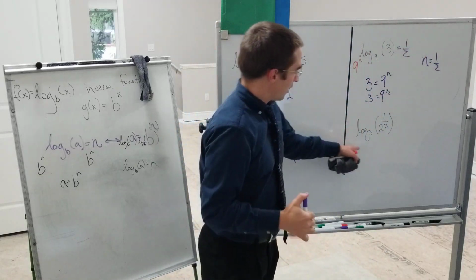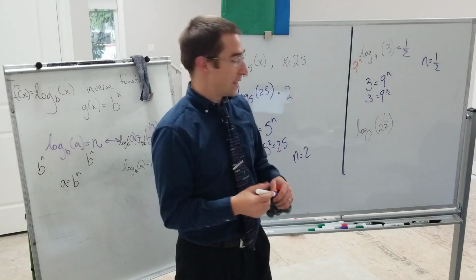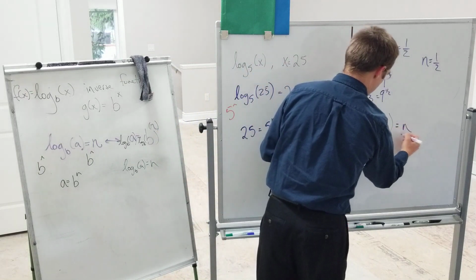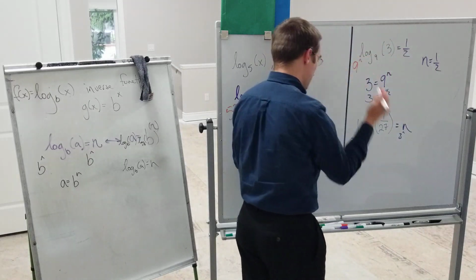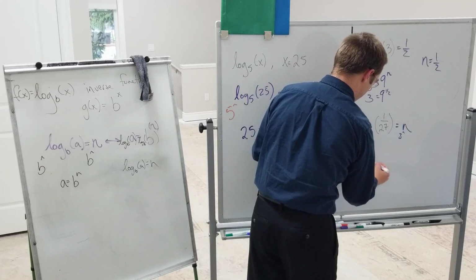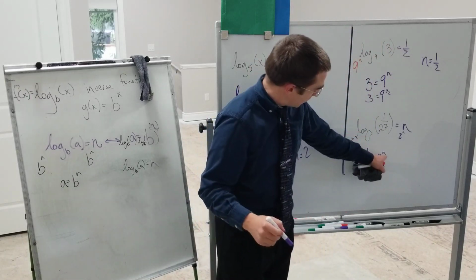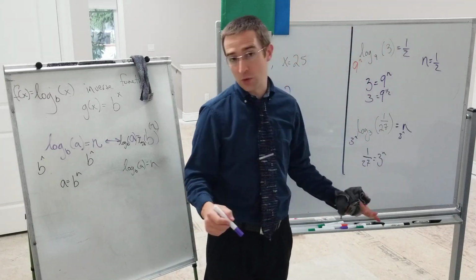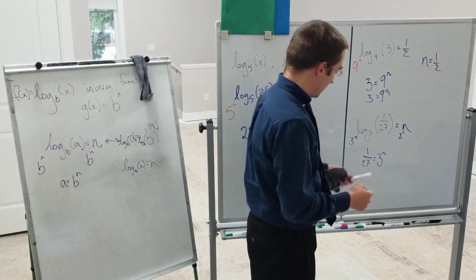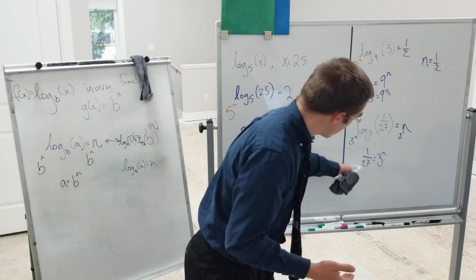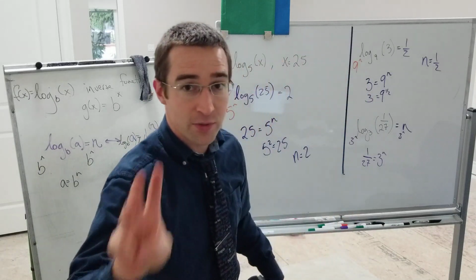All right, log base 3 of 1 over 27. So same thing, this gives me 1 over 27 equals 3 to the n. We need to find what exponent, 3 to what exponent gives me 1 over 27. So here, it turns into a fraction. Really, 27 is 3 times 3 times 3.